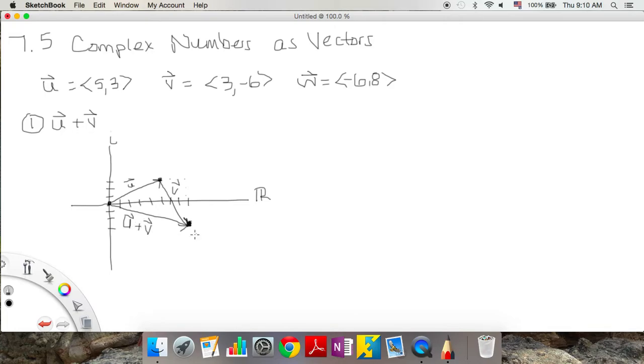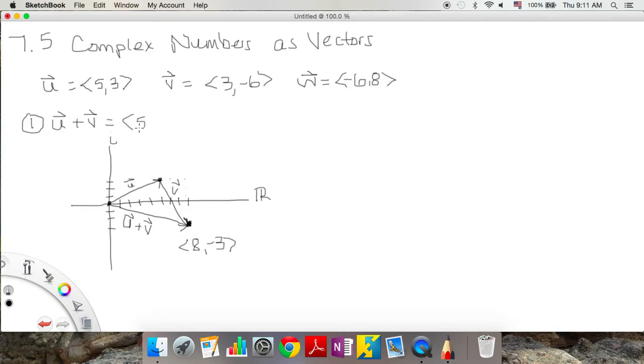Now, what point is this here? Well, let's use our proper parentheses here. This point here is (8, -3). What that means is this new vector is (8, -3) because it started at the origin and it goes to (8, -3). Now, you can also do this analytically.